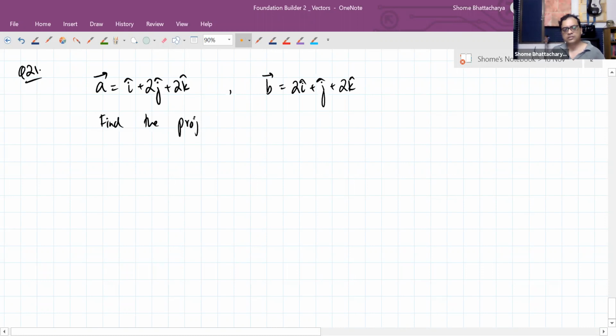the projection of vector B on vector A. Okay. So what does this mean?